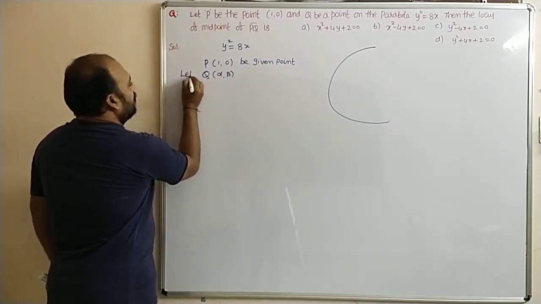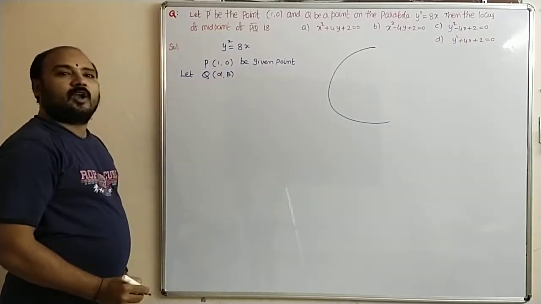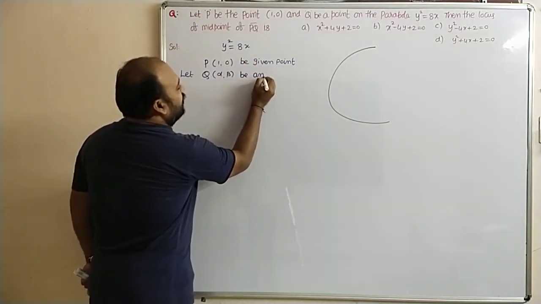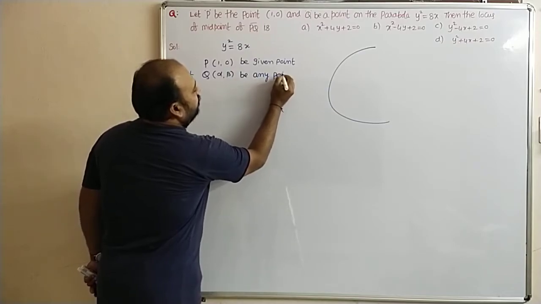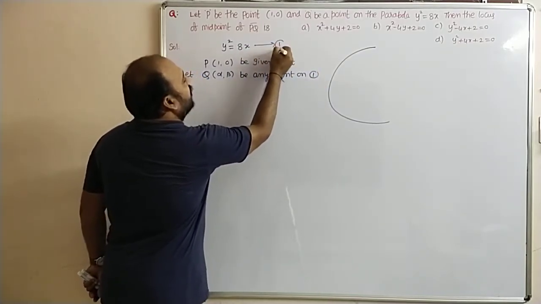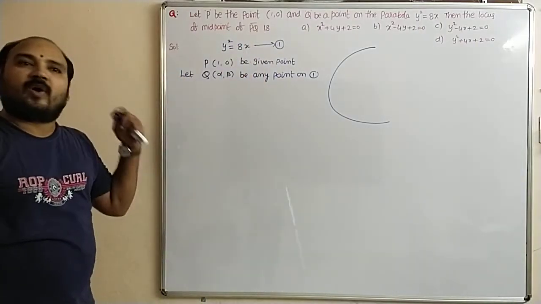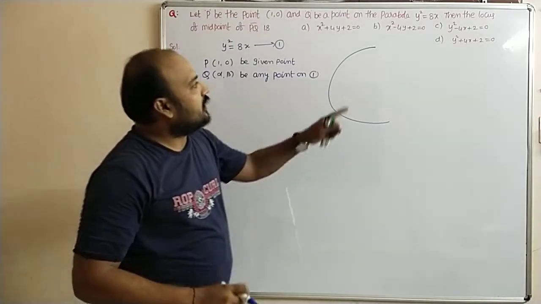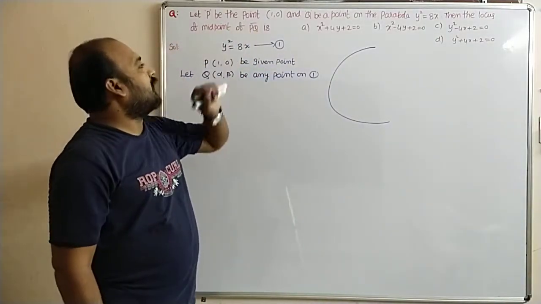Let Q of (alpha, beta) be any point on equation 1. I am taking the equation of the parabola as 1. After that, the locus of the midpoint of PQ.